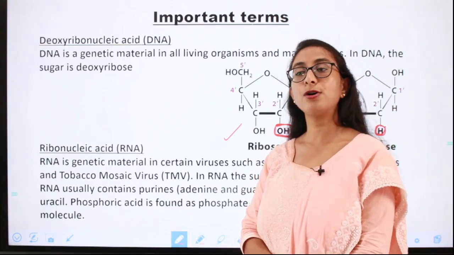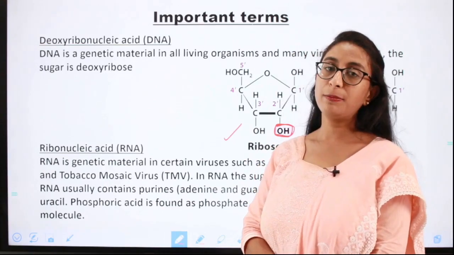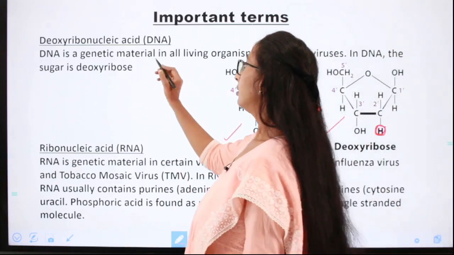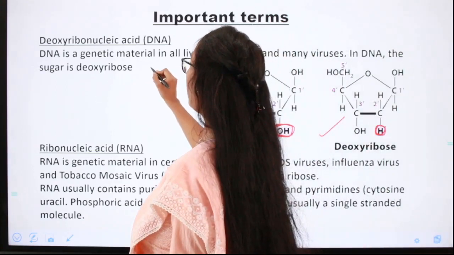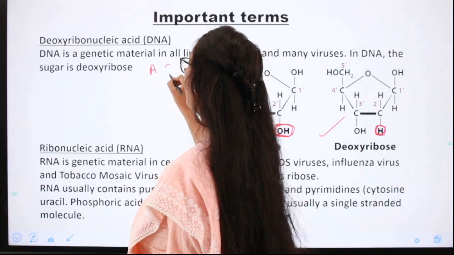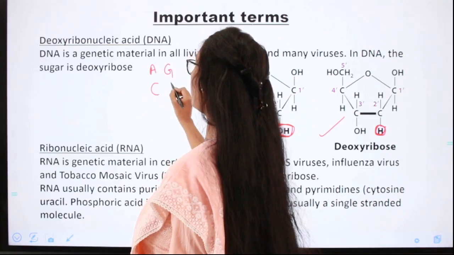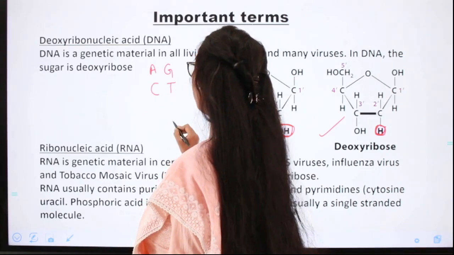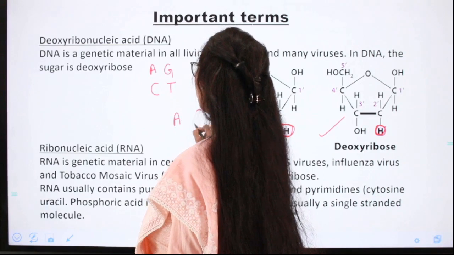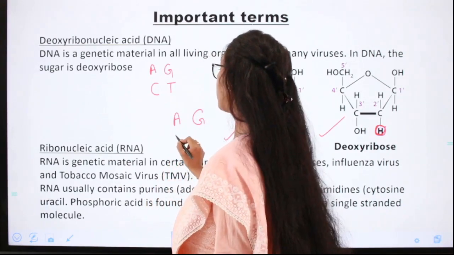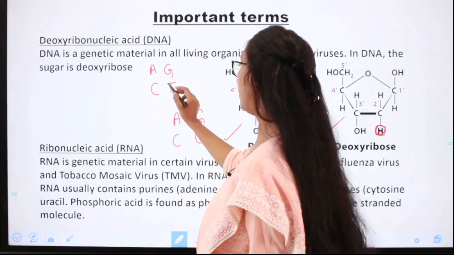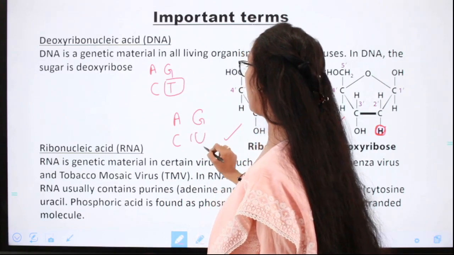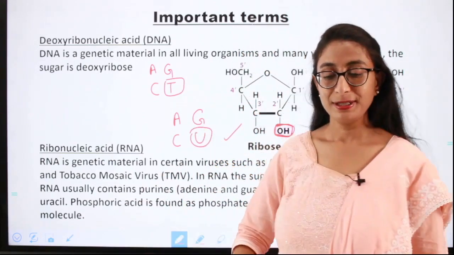Okay, so RNA also contains purines and pyrimidines. The purines in DNA are adenine and guanine, and the pyrimidines are cytosine and thymine. And in RNA, again the purines are adenine and guanine, and the pyrimidines are cytosine and uracil. So in place of thymine, in RNA we have uracil. Fine.